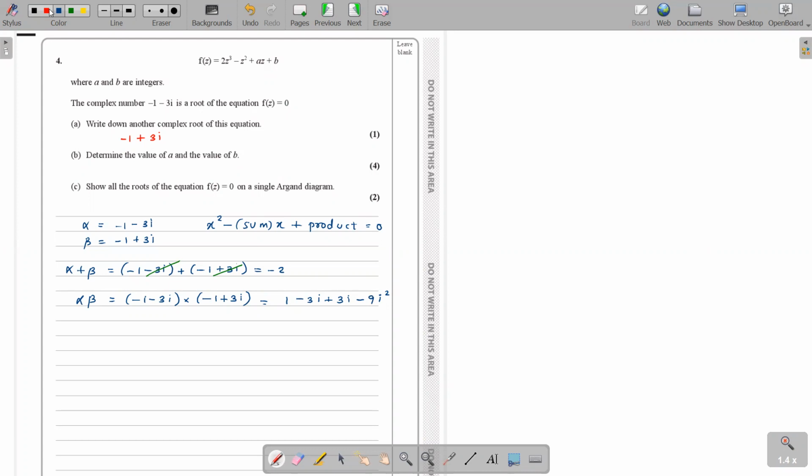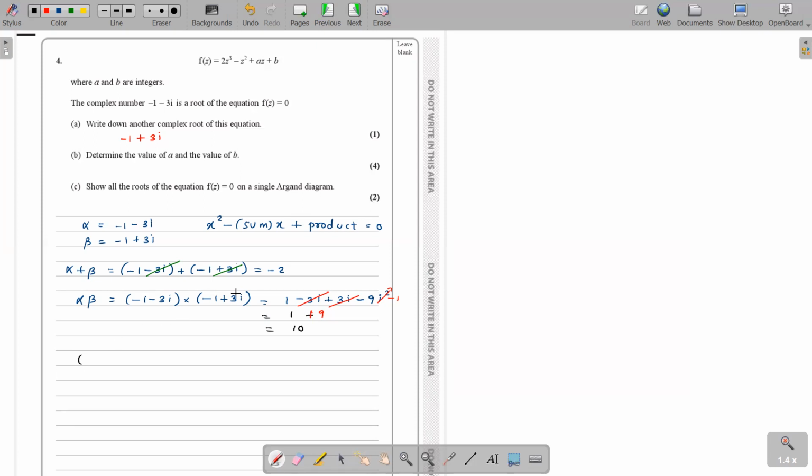So first things first, minus 3i plus 3i cancels. So you get 1 minus 9 i square, and i square is minus 1, right? You all know i square is minus 1. Minus 9 into minus 1 is plus 9. So we end up getting 10. So basically that's the quadratic equation that has the two roots.